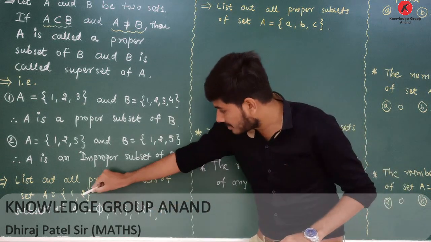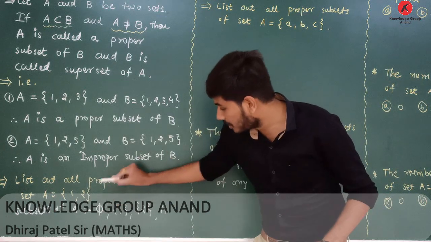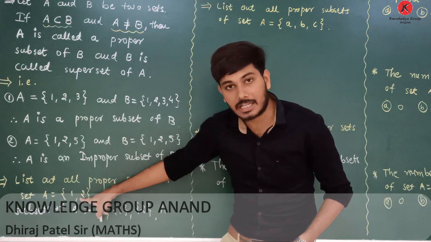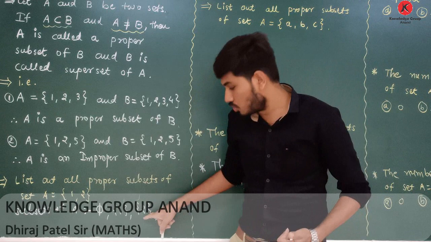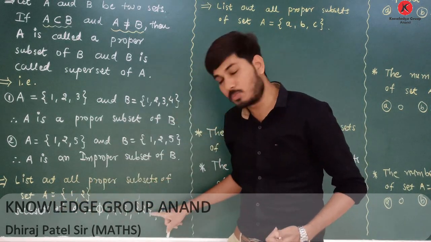So see here, the null set is a subset of set A but not equal, therefore it is a proper subset. Next one, {1} is a subset of set A but not equal, therefore it is also a proper subset. {2}, which is also a subset of set A, therefore it is a proper subset.